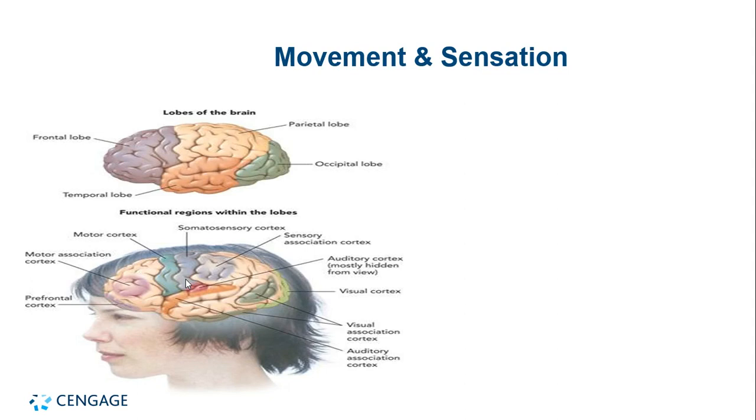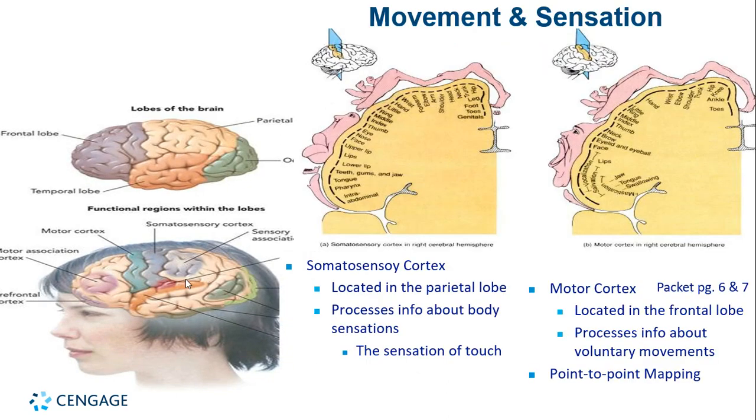Because my motor cortex controls the movement of my hand, while the somatosensory cortex feels the sensation of touch. Maybe my cup is too cold, it has too much ice, and after a while, it starts to hurt my fingers because the ice is too cold. And so my somatosensory cortex will tell my motor cortex to put the glass down. And so there's always a back and forth between these two.